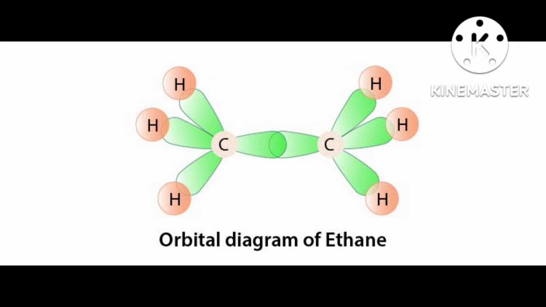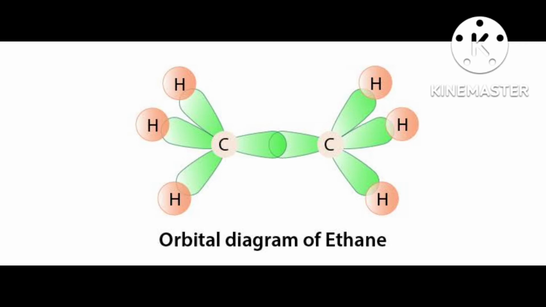This is the important thing here, that in ethane the carbons will overlap, means they will make an sp3-sp3 sigma bond, and with three orbitals, three hydrogens will overlap and make the bond, that is the sp3-s bond, 3 sp3-s bonds.